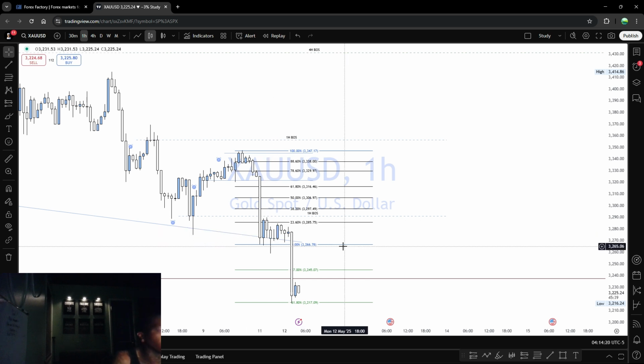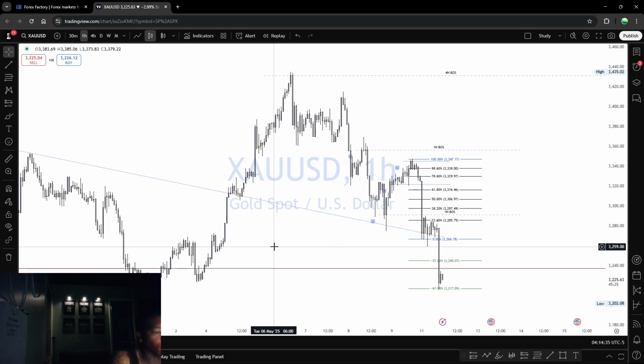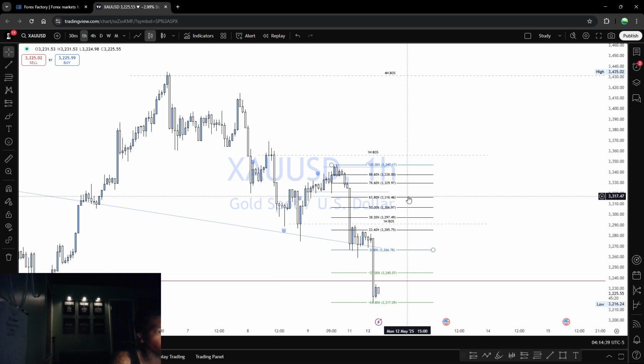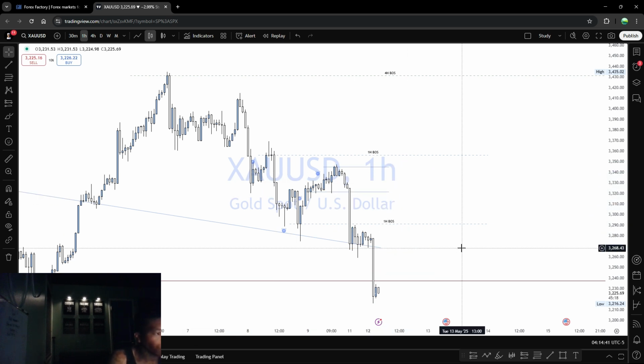So I could have gotten in at this close here. That would have been a great entry. But like I said, I ended up getting in somewhere down here. Still a good trade, good execution. I know prior to this trade, my analysis was for price to continue higher.